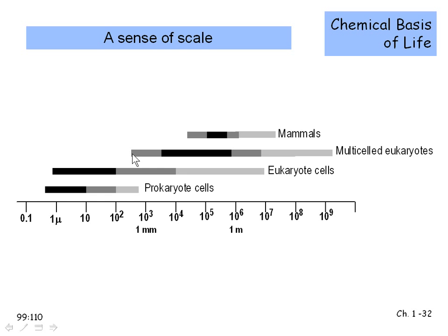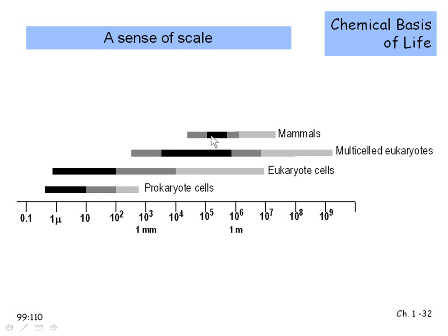Multicellular eukaryotes that are smaller than the biggest prokaryotes. I have it over here going up into, if you look carefully, kilometer ranges. And the organisms that can go up to kilometers are things like fungi and aspens that make a clonal colony that's genetically identical that can be a kilometer or more across.